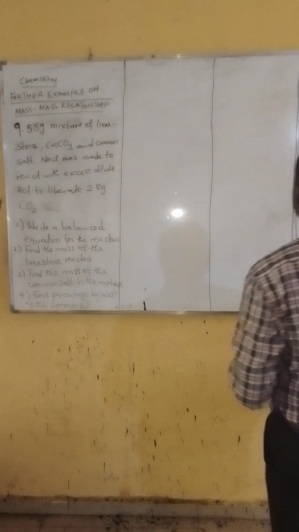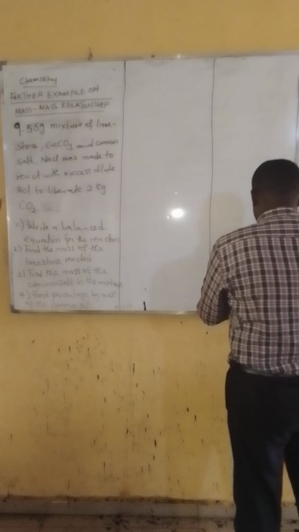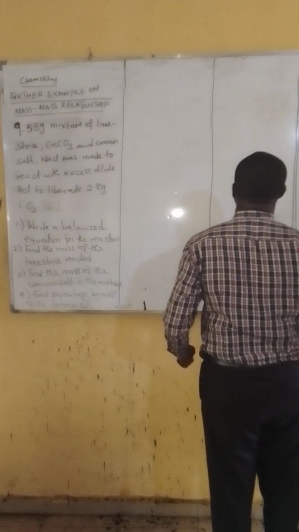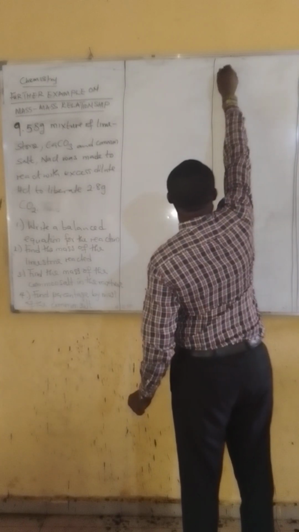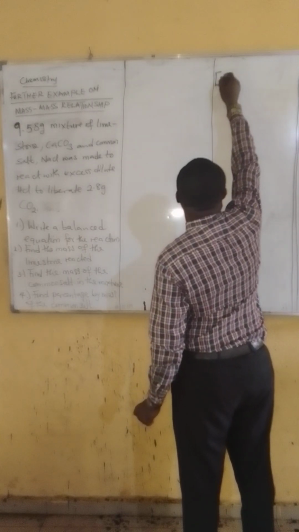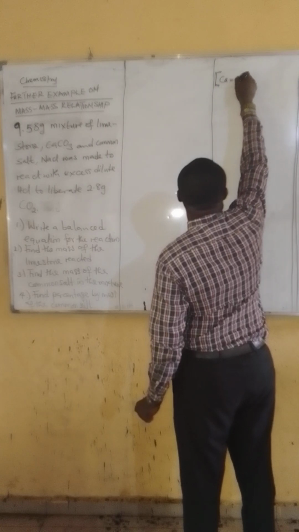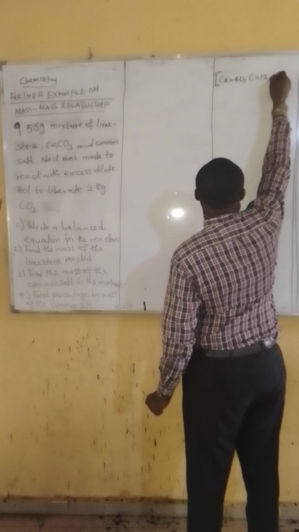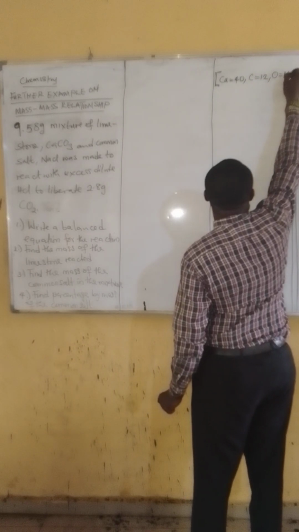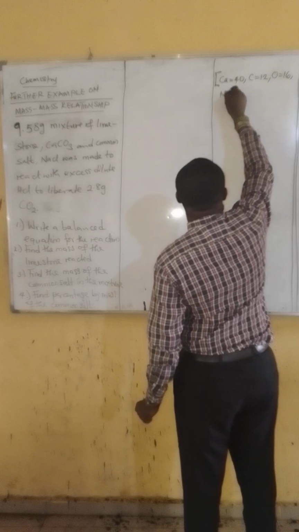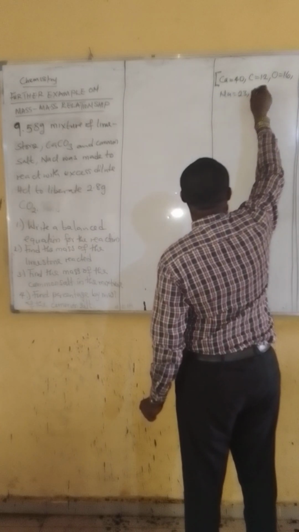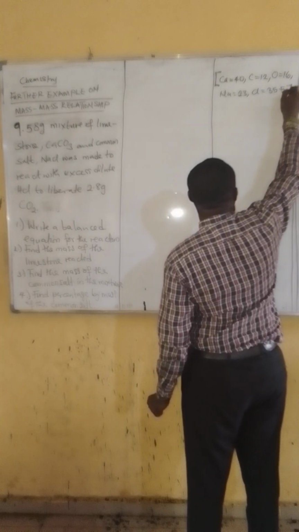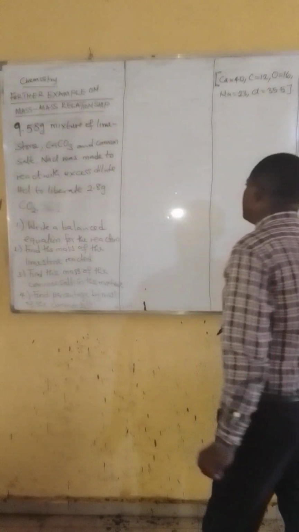Then the question is not finished. The rest of the question will be that you open a bracket, they write Ca equals 40, C equals 12, O equals 16, Na equals 23, and Cl equals 35.5. So I can use it to find molar mass.